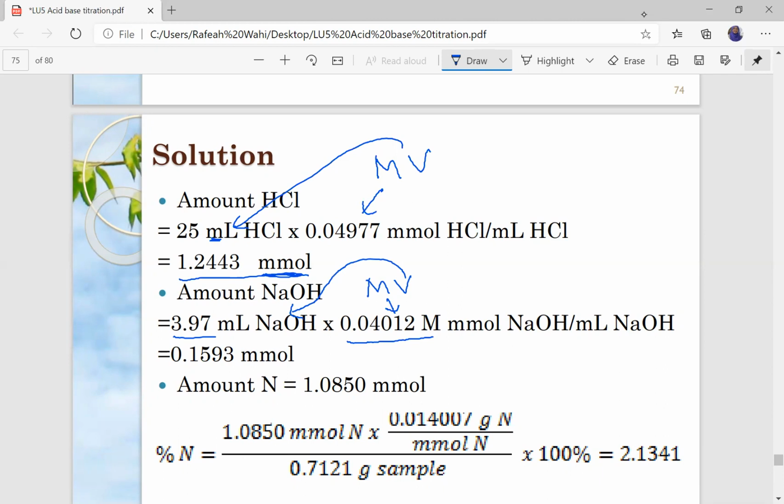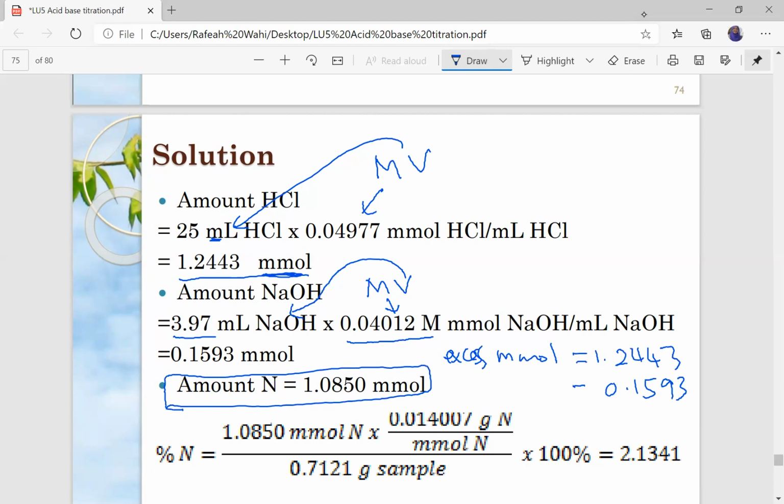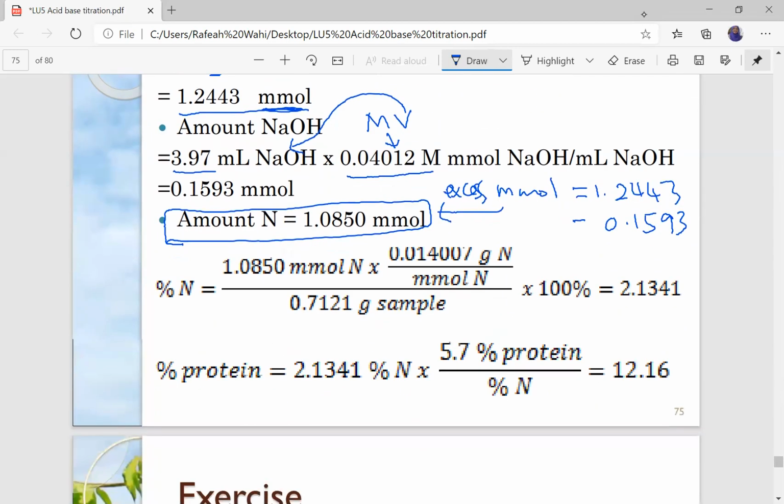The excess millimole is the amount of HCl. So the excess millimole is 1.2443, the amount of HCl, minus 0.1593. From there you get the amount of nitrogen as the excess millimole between HCl and NaOH. After that, you can calculate percent nitrogen in your sample.